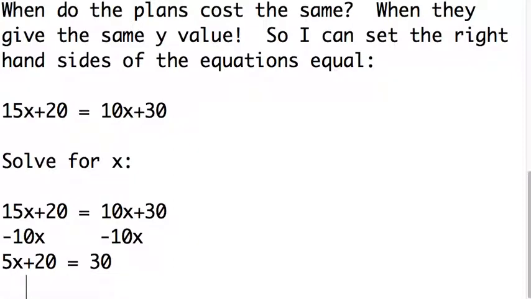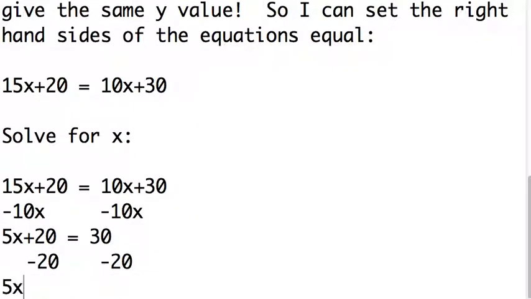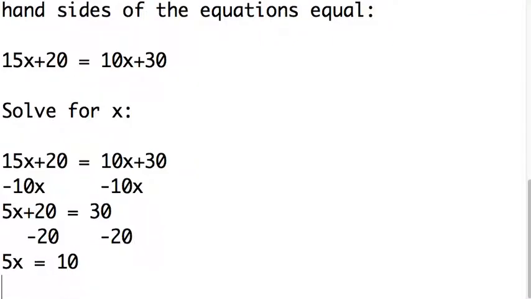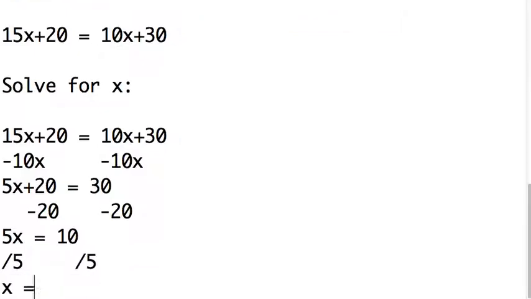Then I'll subtract 20 from both sides, and I end up with 5x is equal to 10. I divide both sides by 5, and I end up with x is equal to 2.